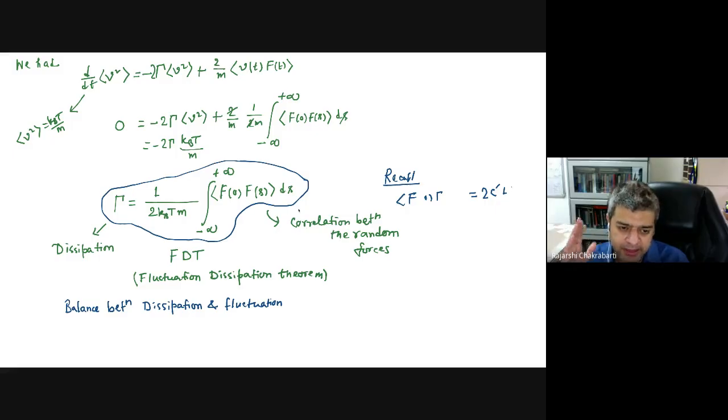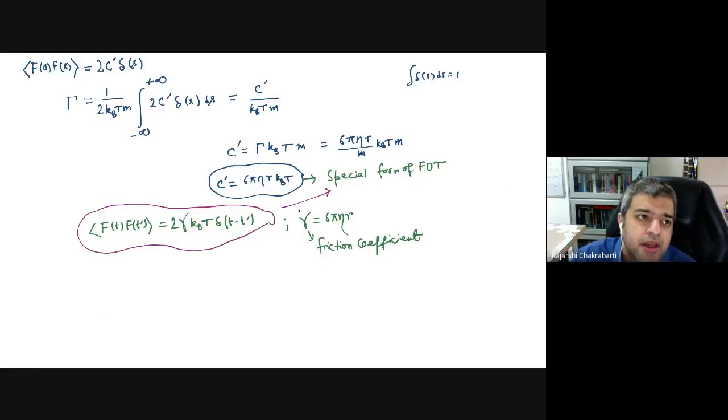This is the mathematical form of the fluctuation dissipation theorem. It talks about the balance between dissipation and fluctuation: the energy transferred to the system, the particle, from the solvent, and the particle dissipates some energy to the solvent. So there is a balance between these two. This is another version of the same fluctuation dissipation theorem.